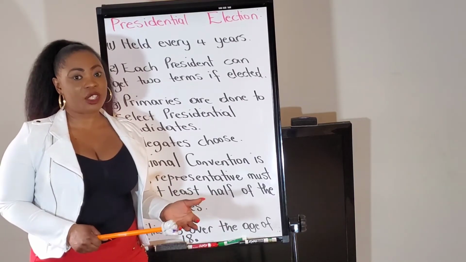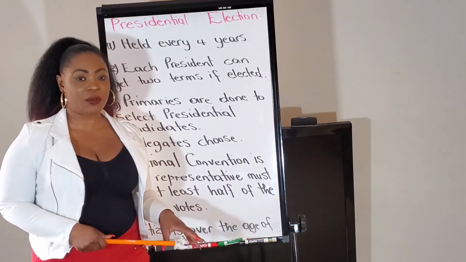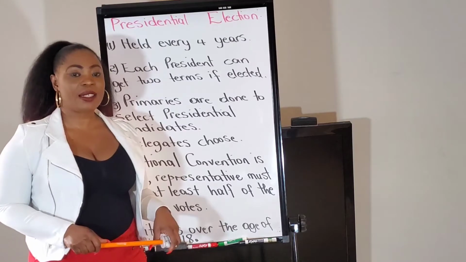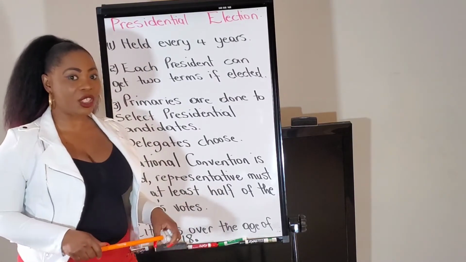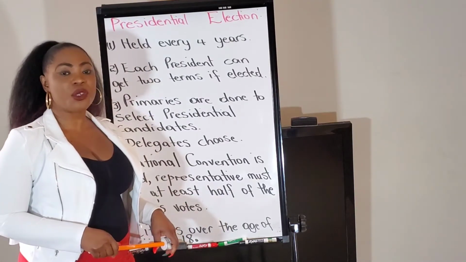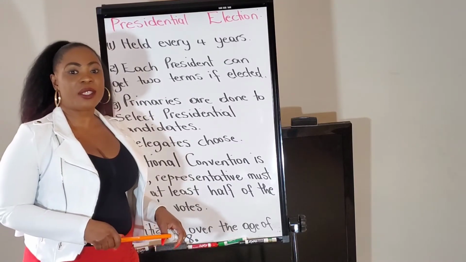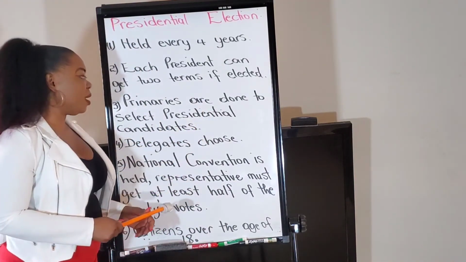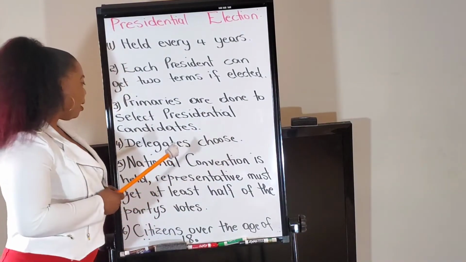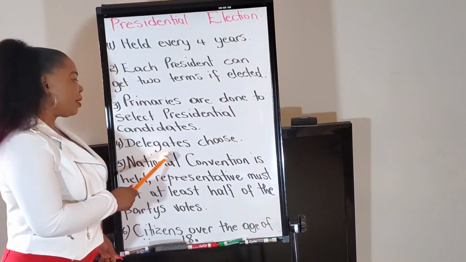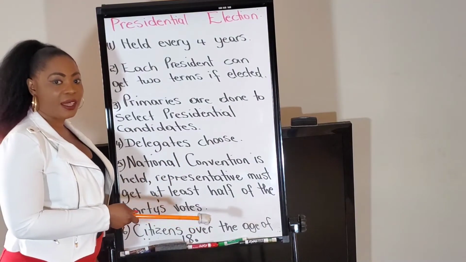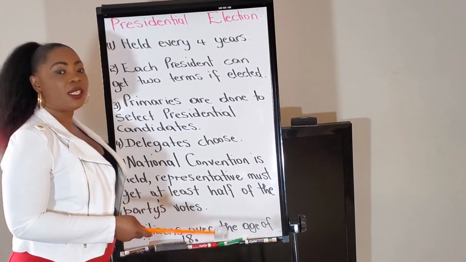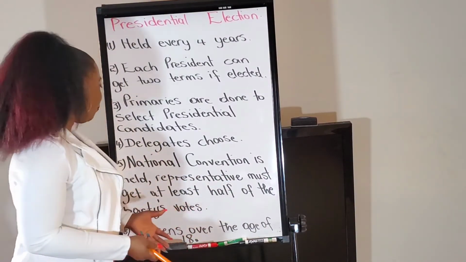So delegates are chosen. Not everybody gets to vote then. The delegates choose who they want to represent their party. So that is where you have the candidates being selected. Yes, the delegates choose, guys. They're the ones that choose. It's not like everybody gets to vote.